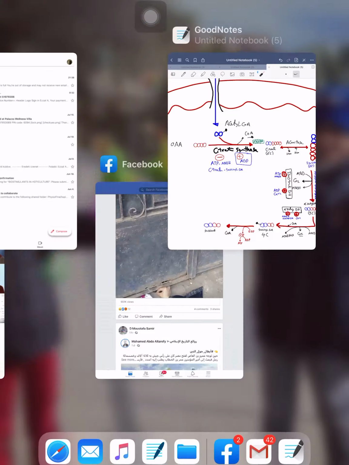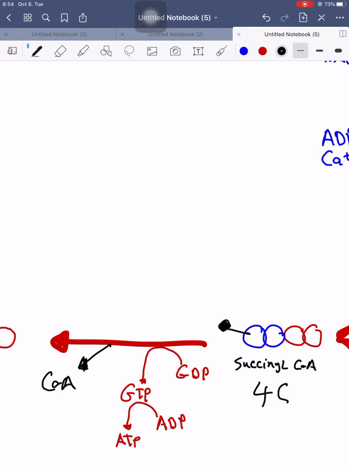So we can say that enzyme is called succinyl thiokinase. This thiokinase is the only place where GTP is formed. We don't have another place in the citric acid cycle to produce this one.